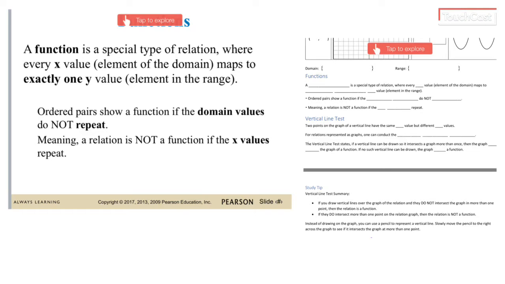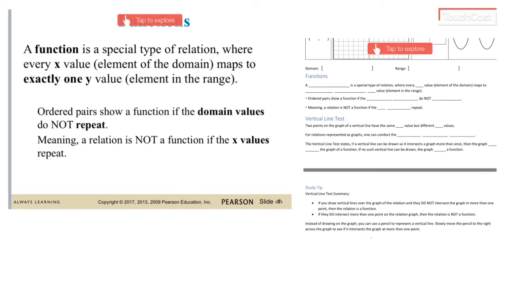And so it can't map to 2, it can't map to 3, it only has 1 y value for every single x. Or not for every single x, but for every x in the domain, there's only 1 y value associated with it. So what you can check for is that the domain values do not repeat.